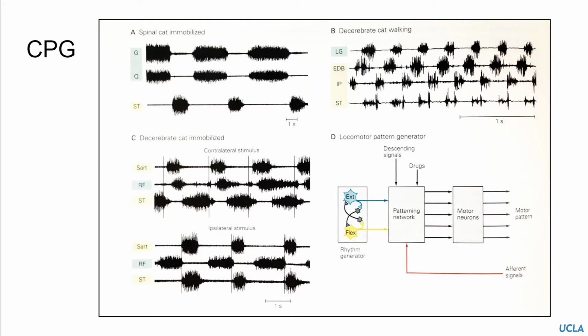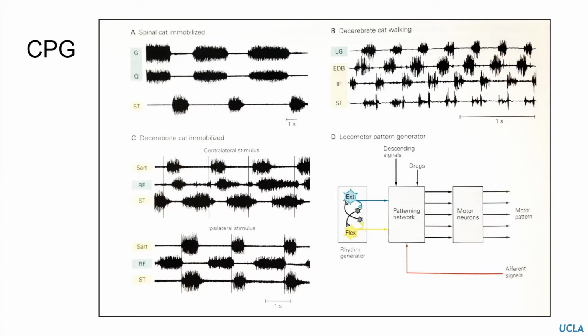So on the third one, what they did was they disconnected the brain from the spine, and instead of cutting off the dorsal root ganglions, they kept those connected so sensory information could possibly come in, but they paralyzed it again.